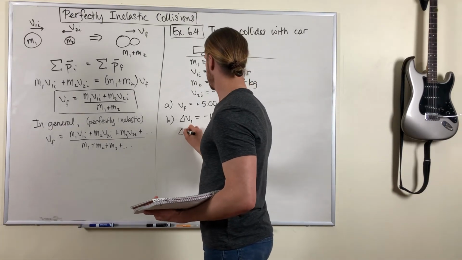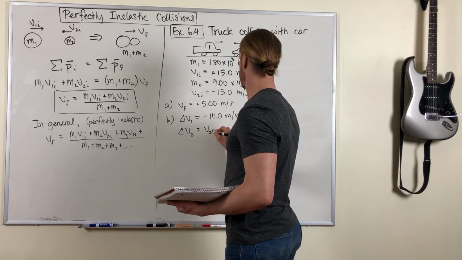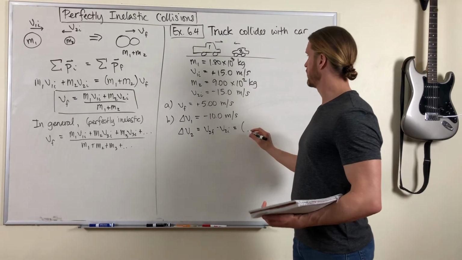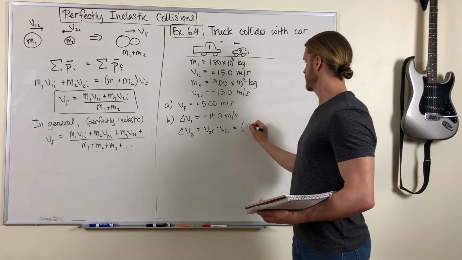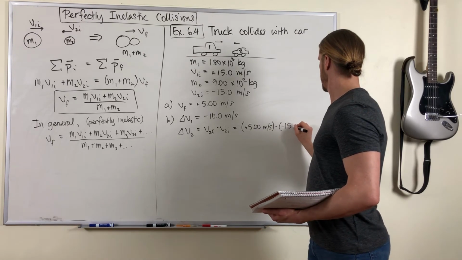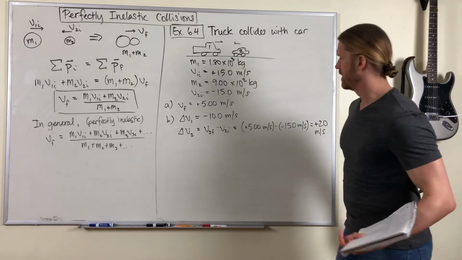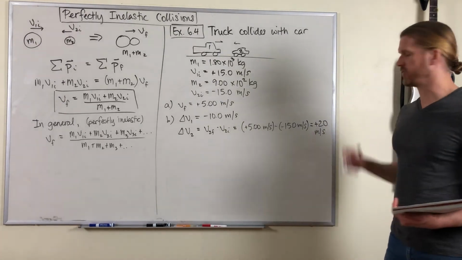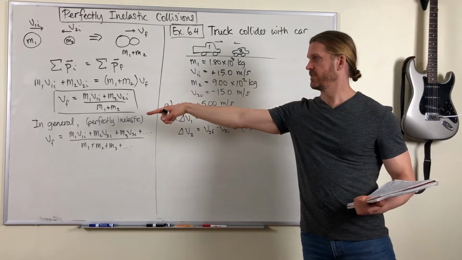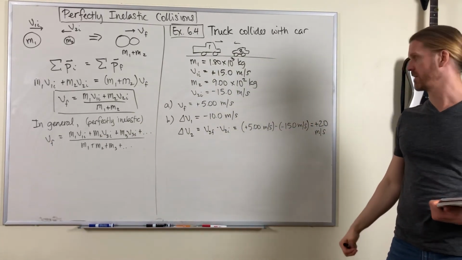The car, on the other hand, I'll write this out to be very clear about how we calculated it. The car's velocity has changed by 20 meters per second because it was going to the left and then collided and ended up turning around, going the other way.